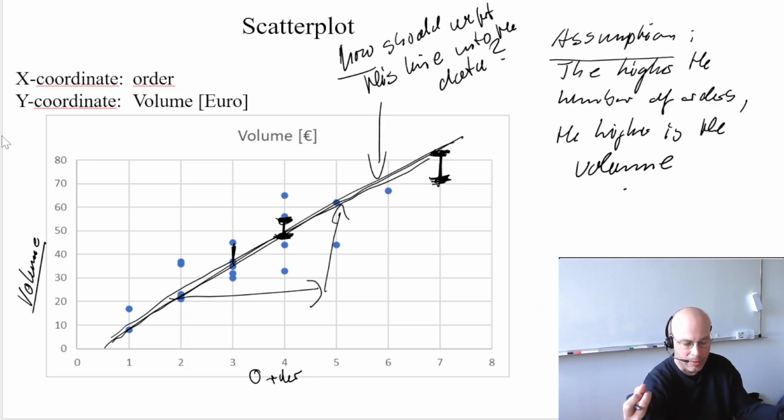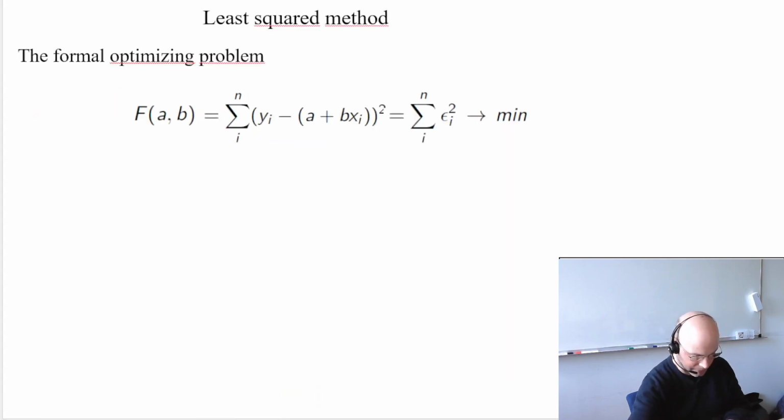But then we could also take the absolute value of y minus y hat. This could be also possible. But the square has also one really nice property. So y square, let's just take a new slide here.